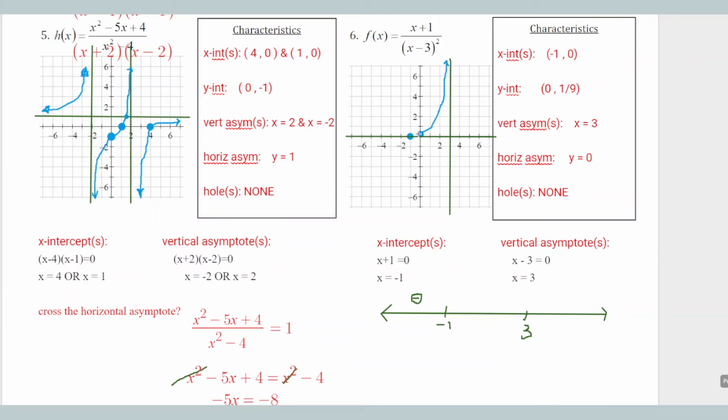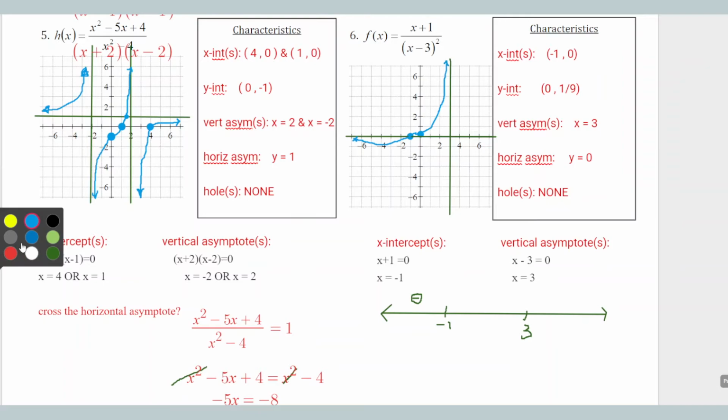But the idea is you curve, and then we go through the horizontal asymptote, but then we curve back towards it, okay? We're not getting enough detail to see how far down we go. That's something you'll do next year. But we do know that it crosses past the horizontal asymptote, but then it needs to go back to it, because that's what the horizontal asymptote does.